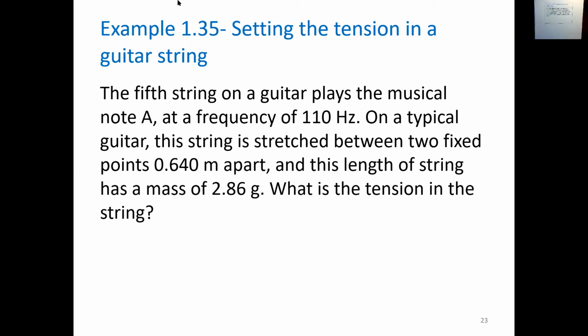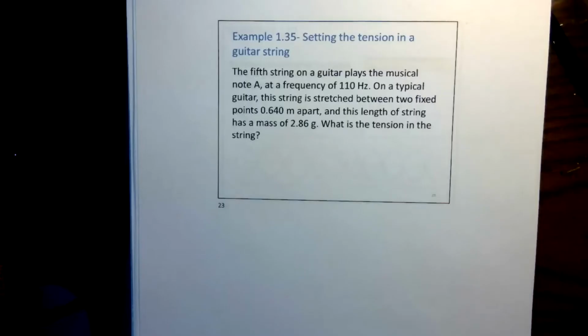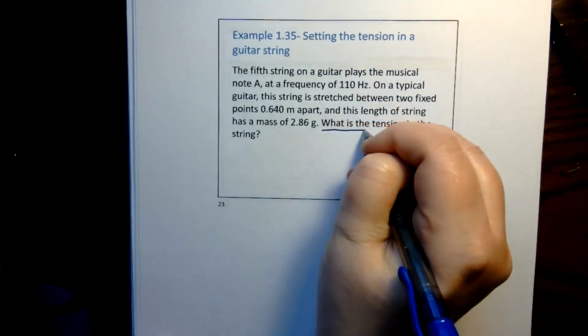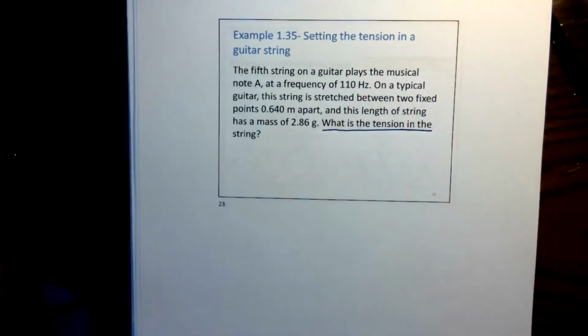When we do that, I'm going to get this set up on the document camera. So the $1 million question: what are we trying to find? If you said the tension in the string, you win. All right, so we're looking for the tension.